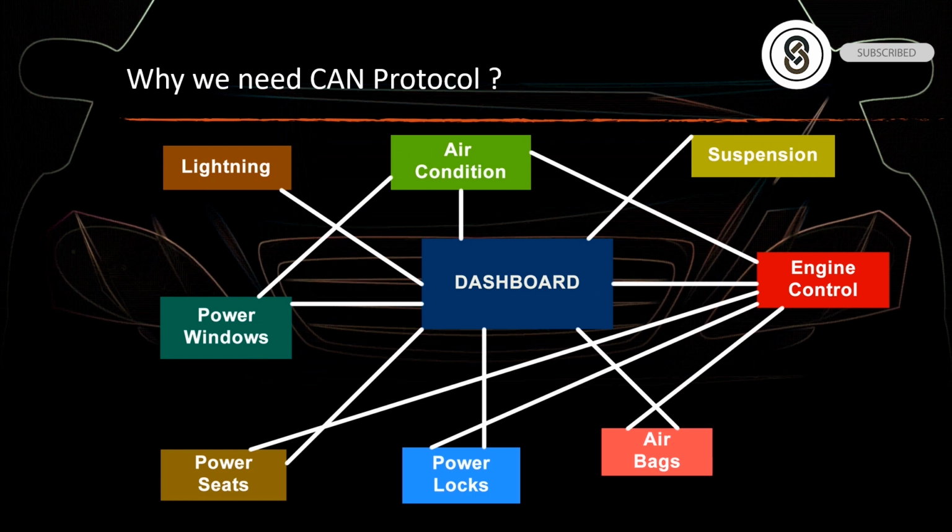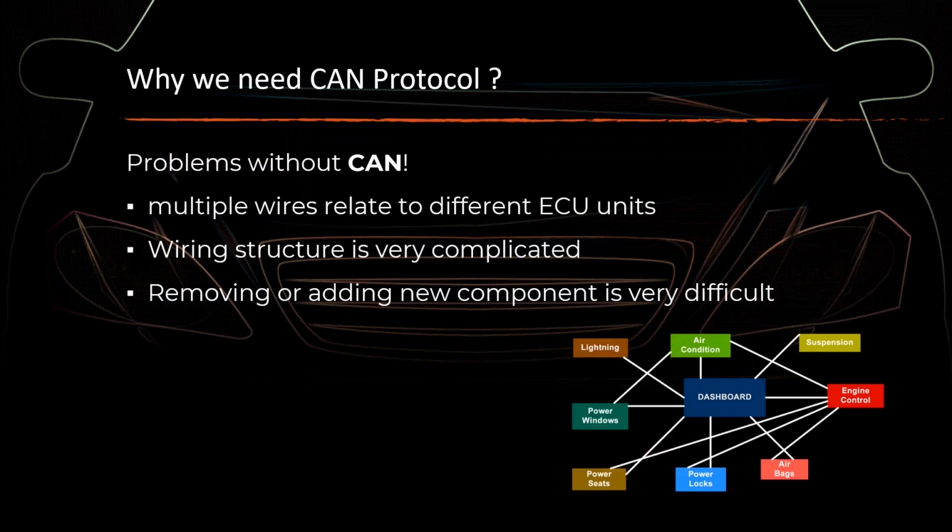So all of these components will have their own ECU, which will be responsible for controlling their specific function. So lightning will have its own ECU, which will control all the functions of lightning. Similarly, air condition will have its own ECU, which will be responsible for controlling air condition functions, and so on and so forth. So let's just discuss the problems.